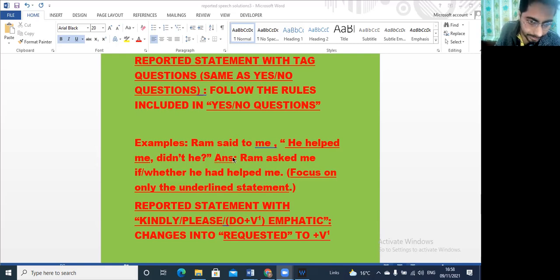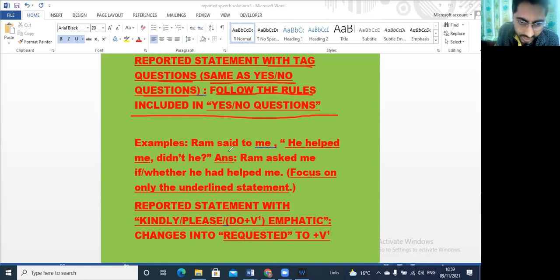That's why it is already mentioned here: reported statement with tag questions, same as yes no questions, follow the rules included in yes no questions. No need to do other things except this.